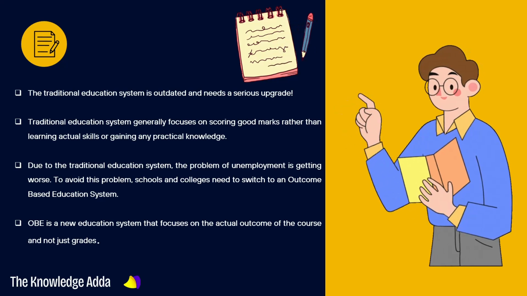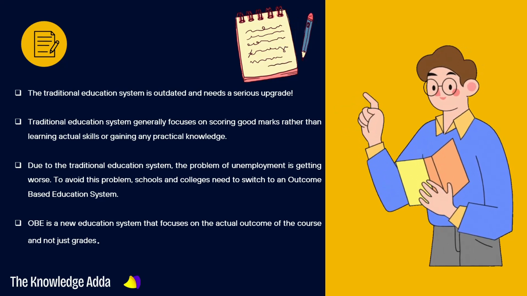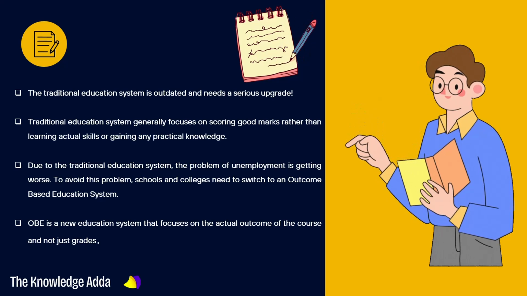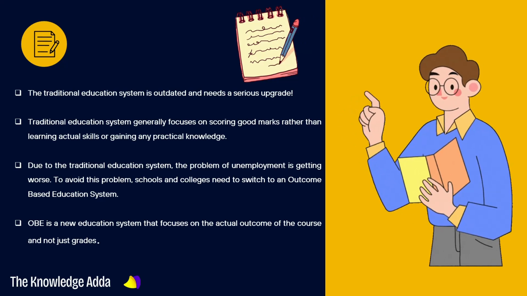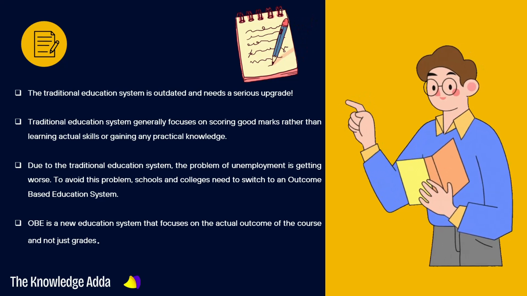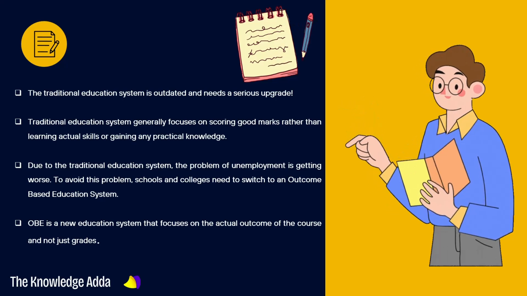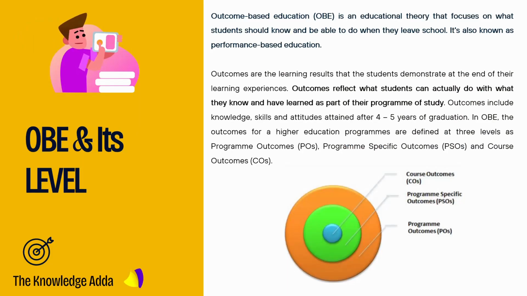Outcome-based education is a new education system that focuses on the actual outcome of the course and not just the grade. Outcome means what the student is doing after completion of that program or course. If a student is working somewhere by using that knowledge, there is an outcome.